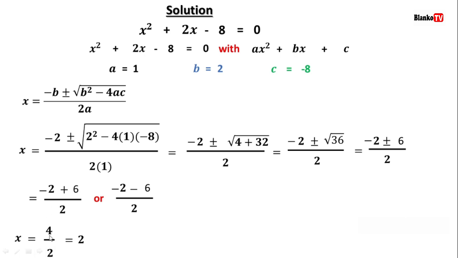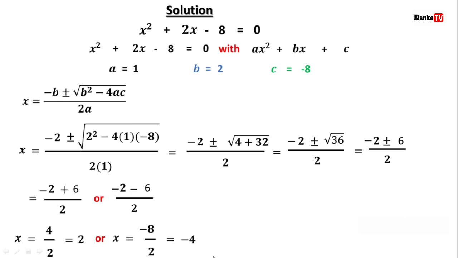When we divide 4 by 2, we are going to get 2. I hope you are following it. So x is equal to 2, or x is equal to negative 2 minus 6, which is going to give us negative 8 over 2. When you divide negative 8 by 2, we are going to get negative 4. So x is equal to 2, or x is equal to negative 4.